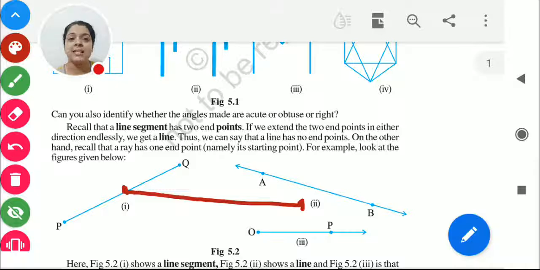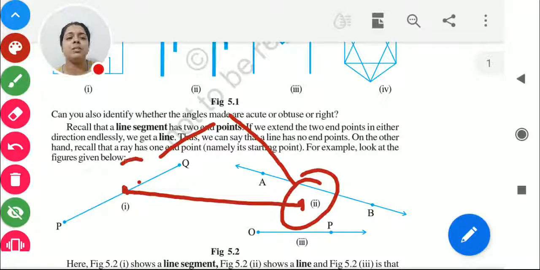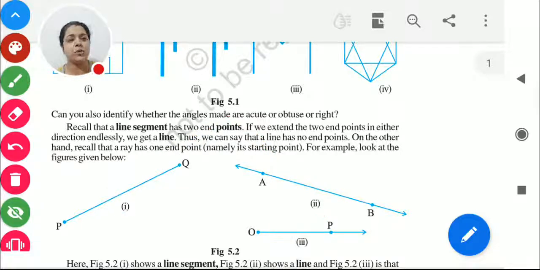So a line segment has two end points, one end point and another end point. The second feature is that its length is limited. We can draw a line segment because it is fixed and limited.